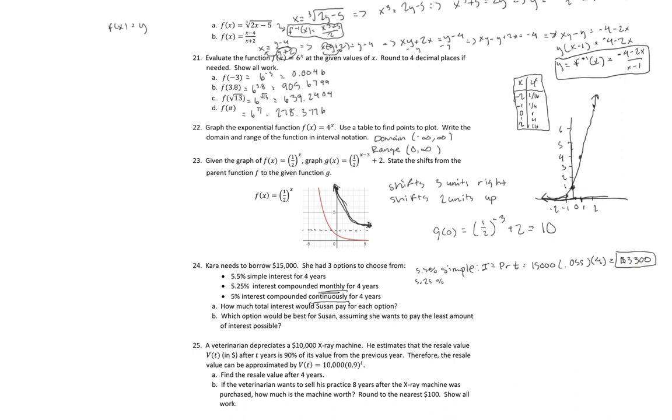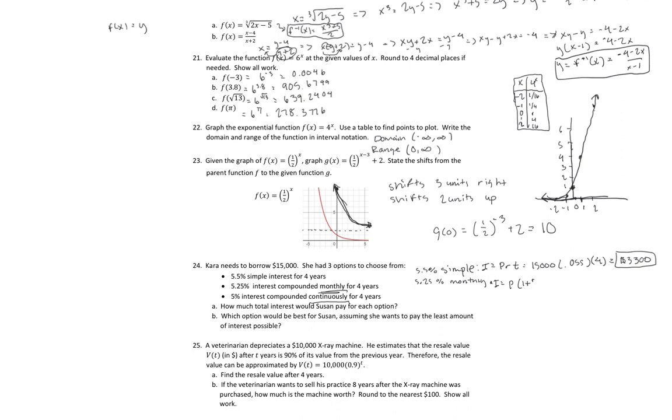Now if we do 5.25% interest compounded monthly, the interest is going to equal our principal amount times 1 plus our rate over the number of times it's compounded in a year.